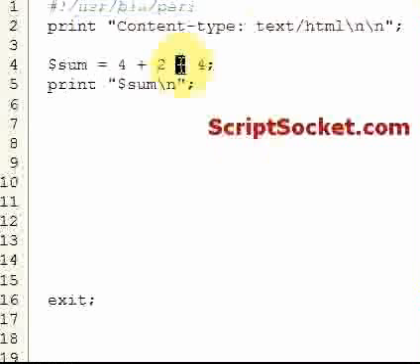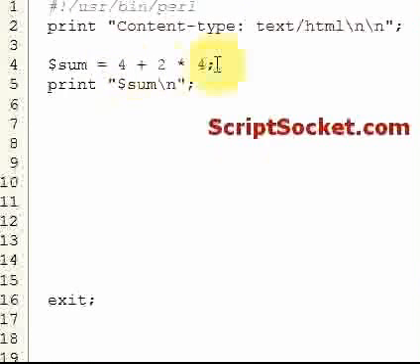Will it add 4 plus 2, which equals 6, and then multiply 6 by 4 to give us the result 24? Or will it multiply 2 by 4 to give us 8, and then add 4 to 8 to give us the result 12?